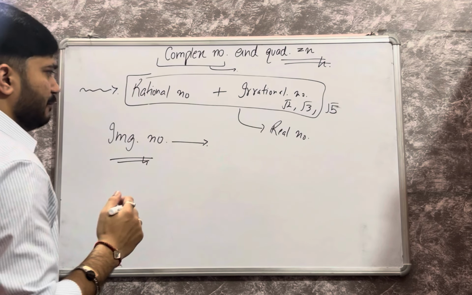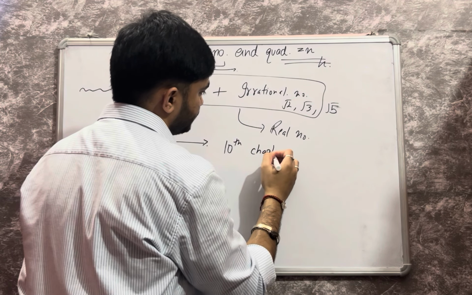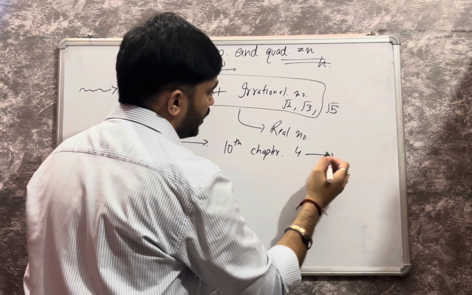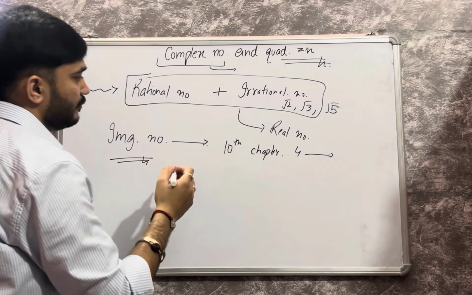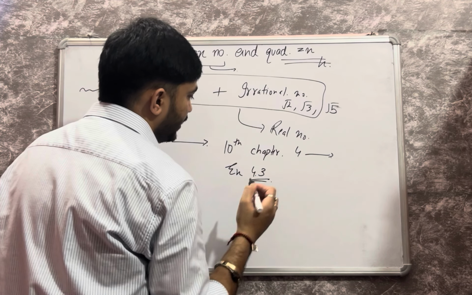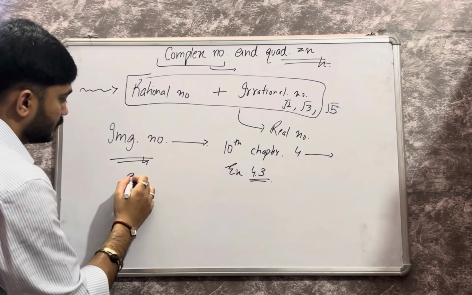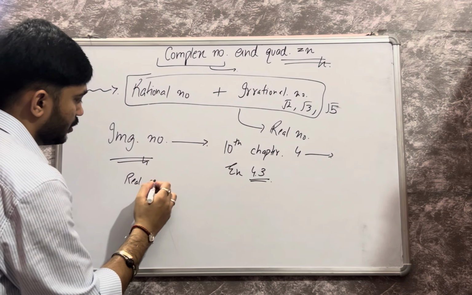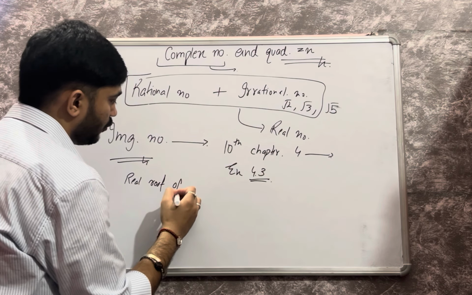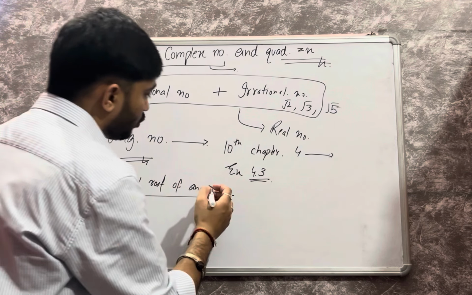Let us take an example of class 10th, chapter 4th. In chapter 4th, we have studied exercise 4.3, in which we have to find the real root of an equation. There are two ways to find the real root of an equation, means quadratic equation.